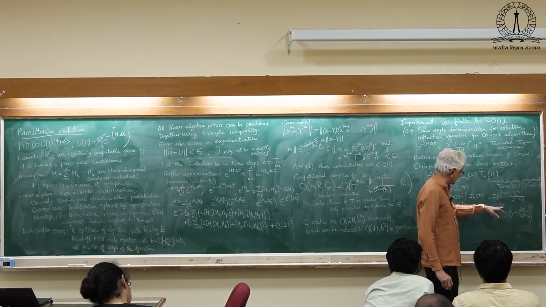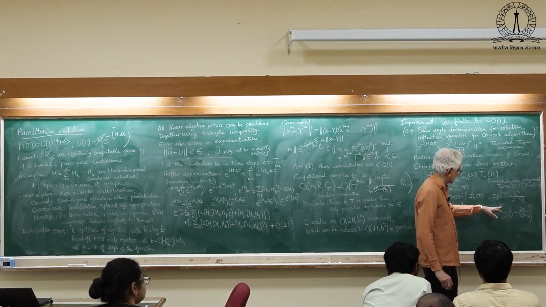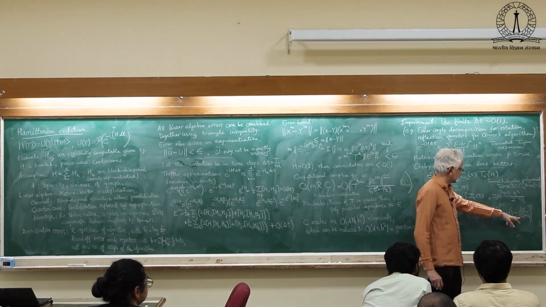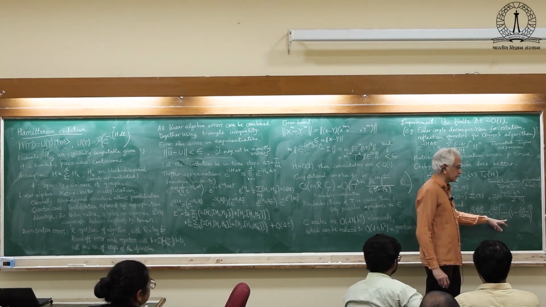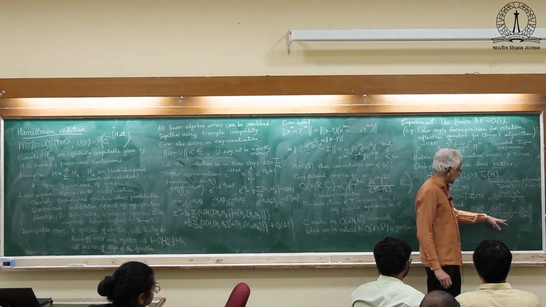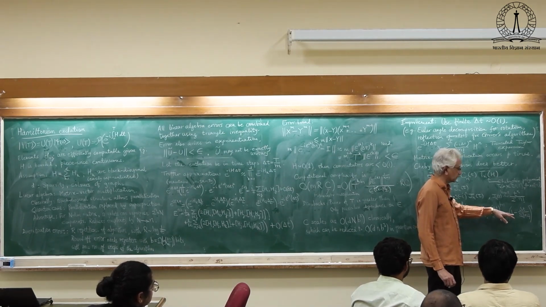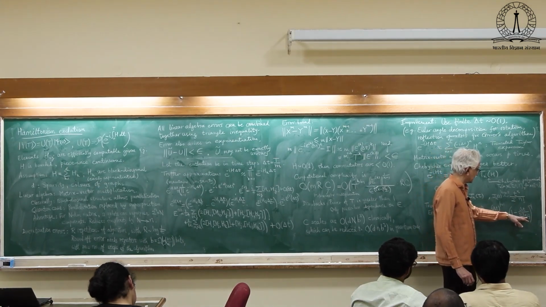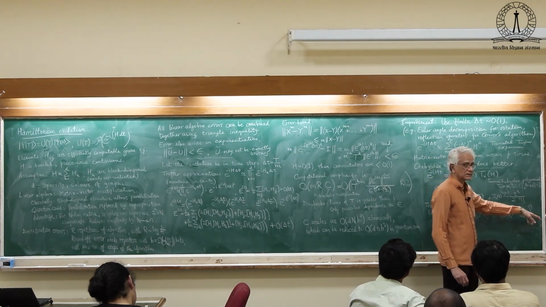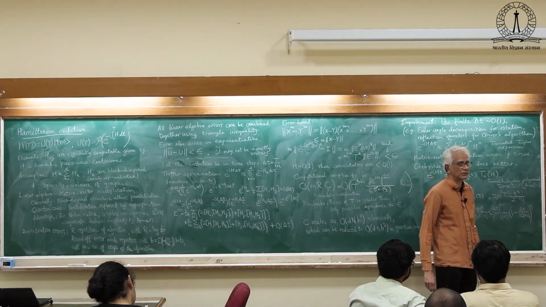At every step, powers of this increase by 1, so this delta t and 2 are as they are, but the powers of this are becoming higher and higher. So you will get p plus 2, p plus 3, p plus 4, etc. But whatever it is, the first one is p plus 2 and all the other ones are larger, so I will just put a bound on it.